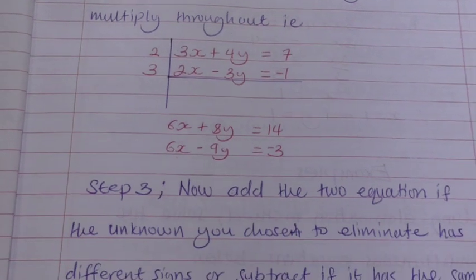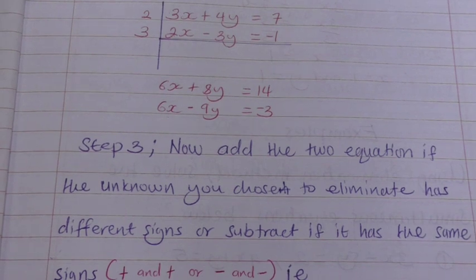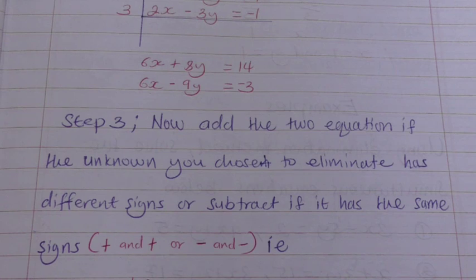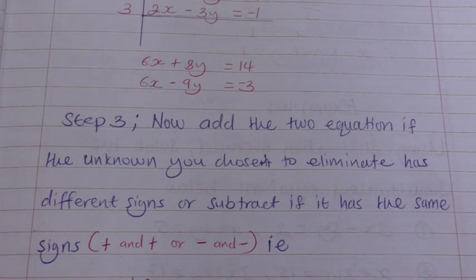That is step 3. Step 3 tells us to now add the two equations if the unknown chosen to eliminate has different signs, or we shall subtract if it has the same signs.